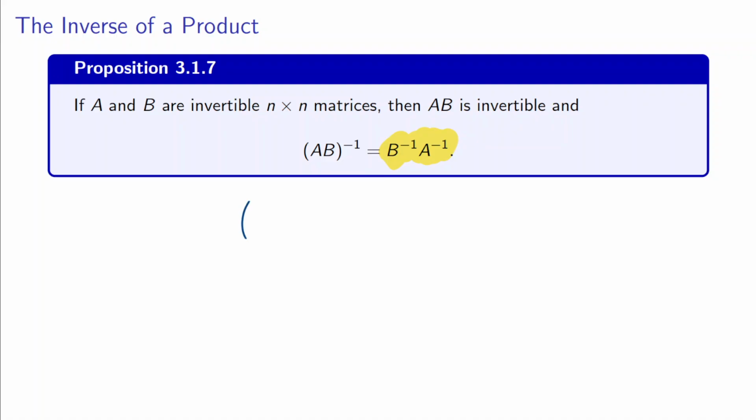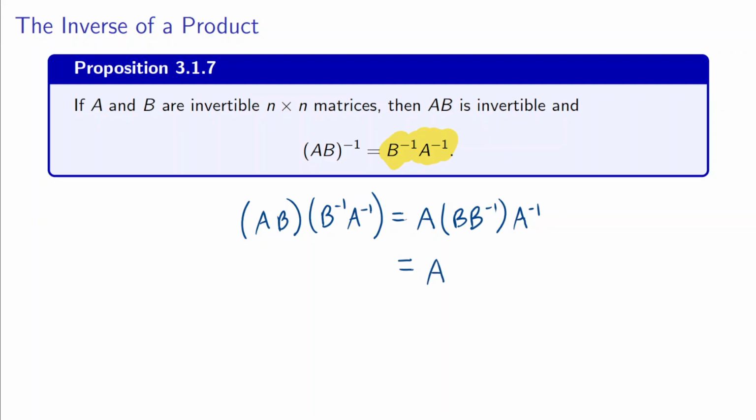So if we take AB and multiply it by B inverse A inverse, then we can reassociate this multiplication. So we'd have A, and then I want to put the B inverse together to highlight what's going on there. Then we know that the product of a matrix and its inverse is the identity.